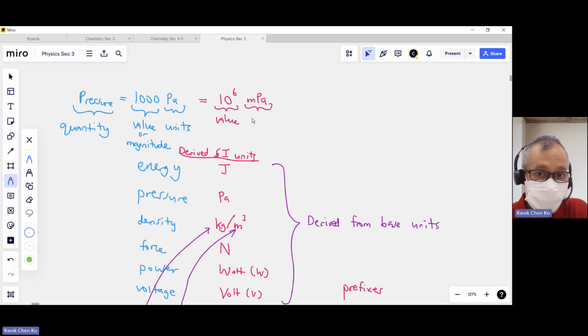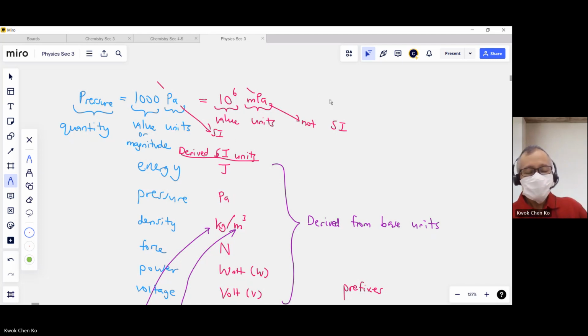I still have units. Just note that in this case, this is not SI, whereas this is SI units. So look carefully at your question. Is it giving you the values in terms of SI units or not?